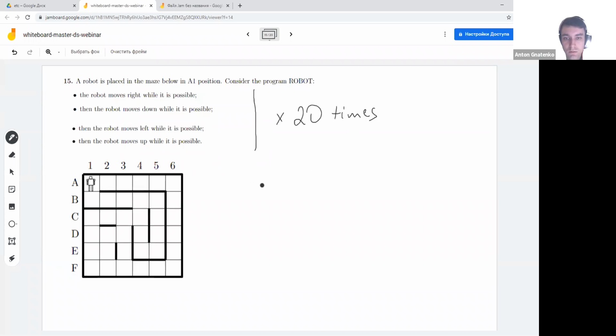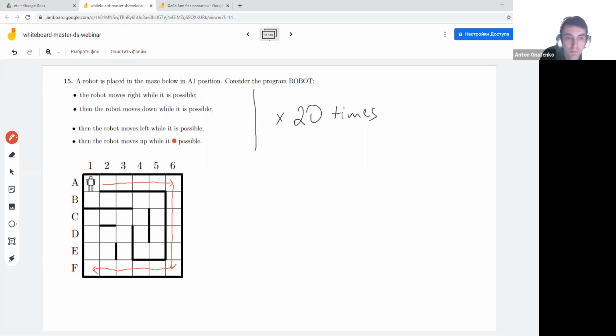The question is where it will be by the end of the execution. Let us try to execute it. We start here and execute the program for the first time. Move right while it is possible. Well, it moves here. Then the next line: move down while it is possible. I'll do that. Move left while it is possible.